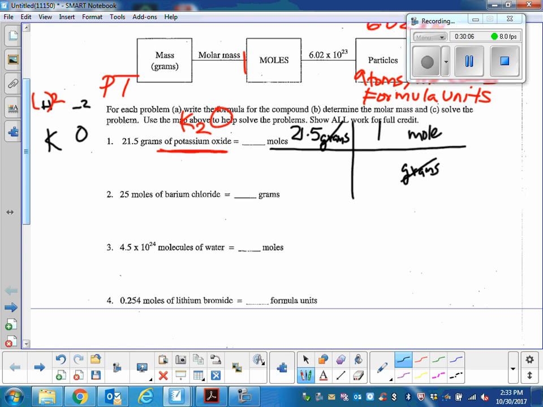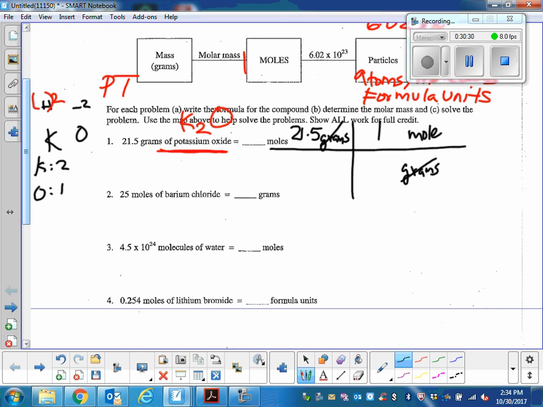Well, it's not an element anymore. It is now a compound. So how am I going to find the mass of K2O? How many potassiums do you have? 2. How many oxygens do you have? 1.